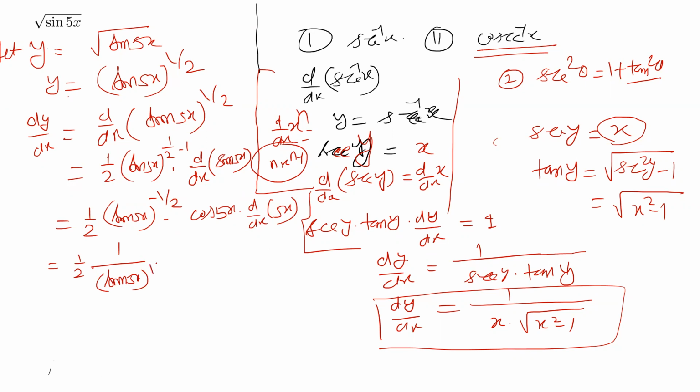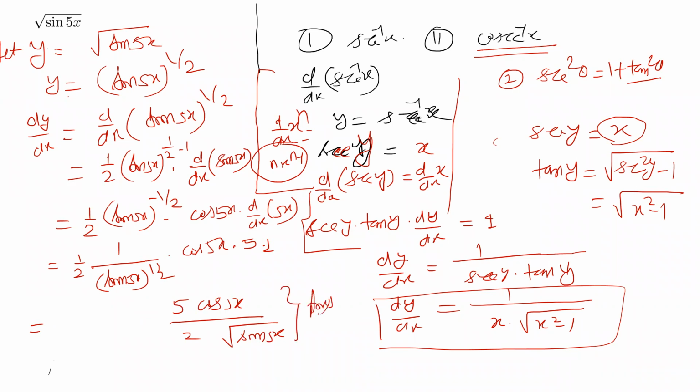So 1 by 2 sin 5x power 1 by 2 into cos 5x into 5 into 1. Then what is your final answer? You will get 5 cos 5x by 2 under root sin 5x. This is my final answer. Hope you understood.